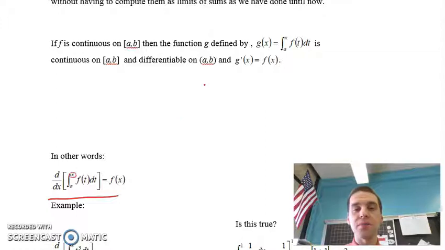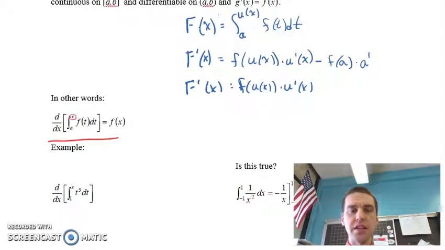What I'm going to do right now is put up on the screen why this derivative of an integral works and why it needs to be in terms of x. If we say that capital F of x equals the integral from a to u of x, any point on the curve with respect to x, of the function f of t dt, and we take the derivative of it, we know the derivative is the derivative at u of x subtracted from the derivative at a.